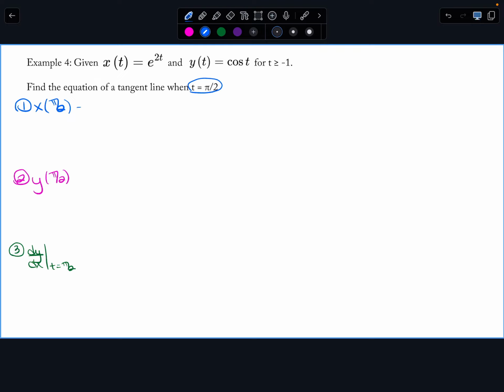My x of pi over 2 is e to the 2 times pi over 2, which is e to the pi. Transcendental much. And then y of pi over 2 is cosine of pi over 2, which is kind of nice because it's 0.